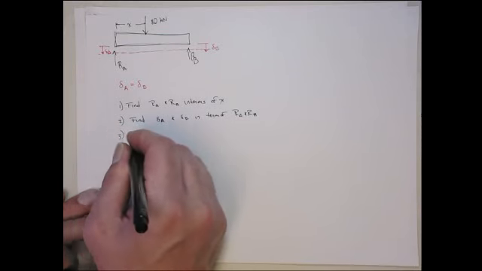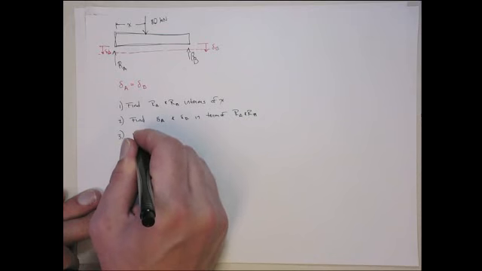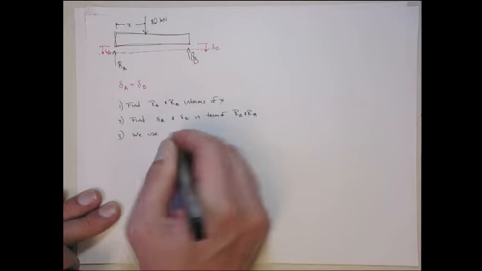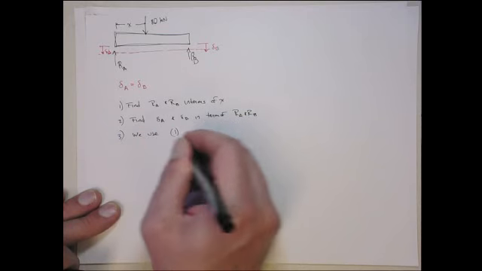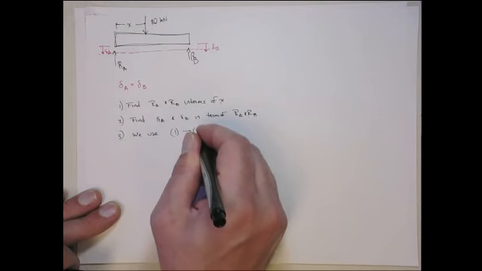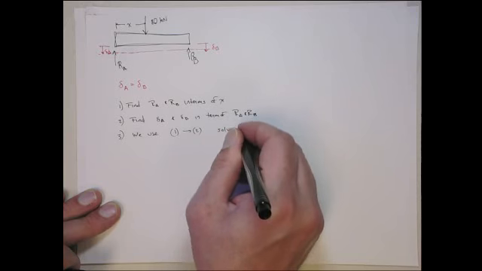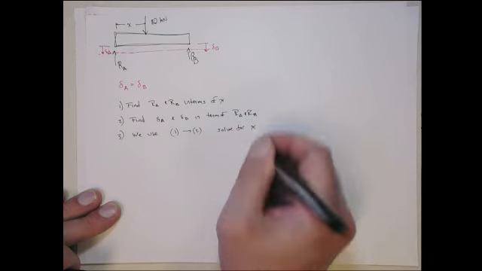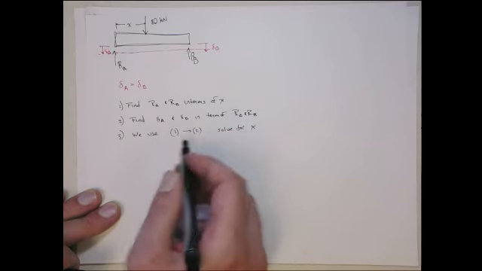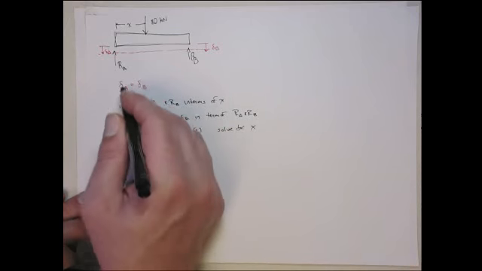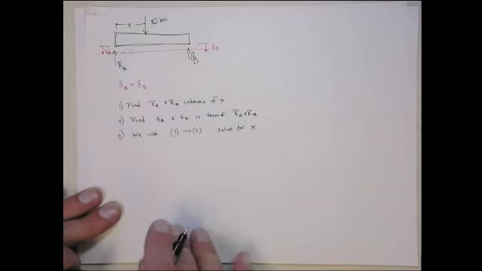And then the last step, we can use what we find from step one, put it into the equation we get in step two, and then we'll be able to solve for X, okay? So we'll be able to solve this equation here for X, but it'll be in terms of X, okay?